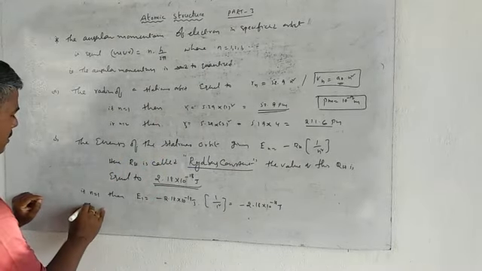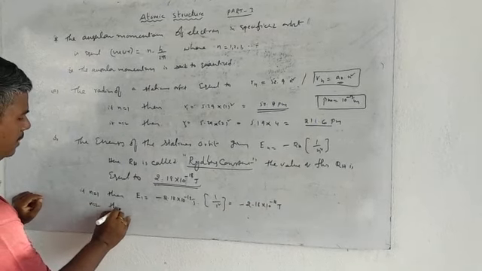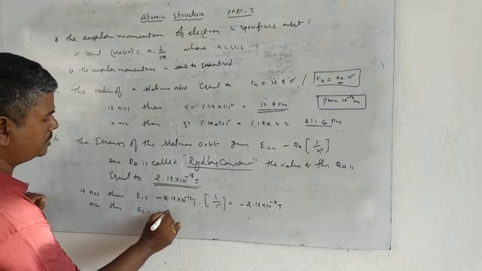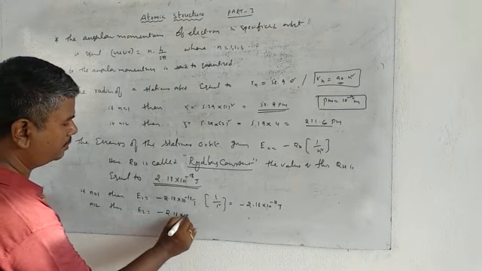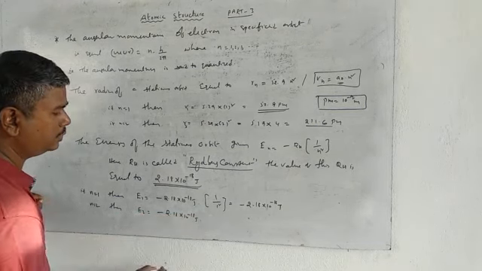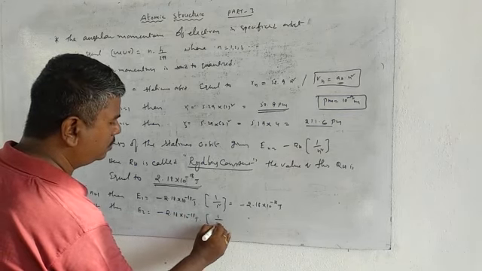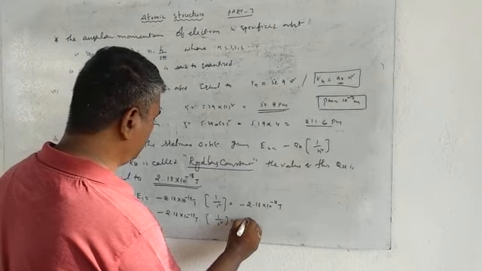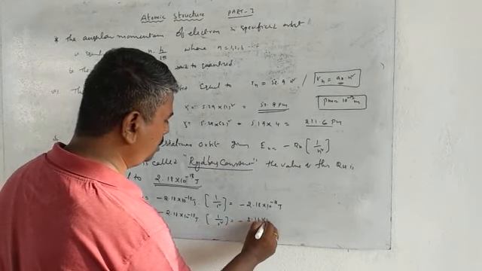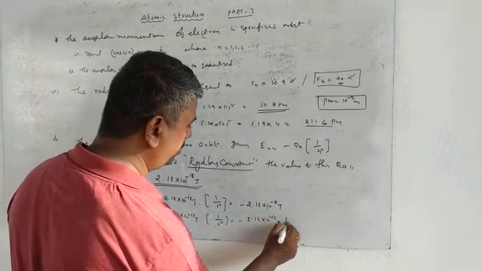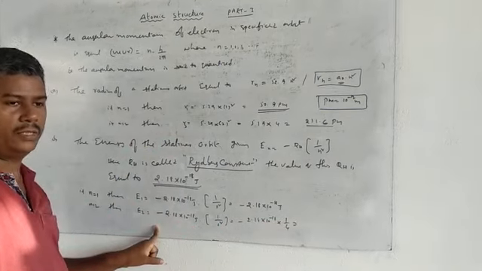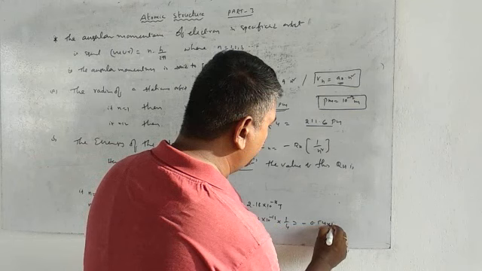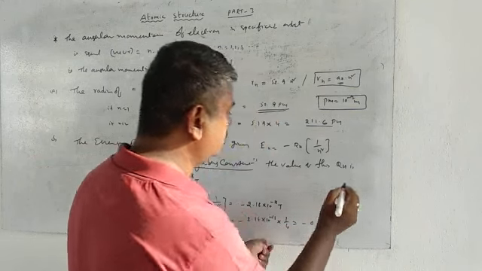Whereas if n equal to 2, then E2 equals minus 2.18 into 10 to the power of minus 18 joule into 1 by 2 square. That is nothing but minus 2 into 10 to the power of minus 18 joule into 1 by 4, which equals minus 0.2 into 10 to the power of minus 18 joules.